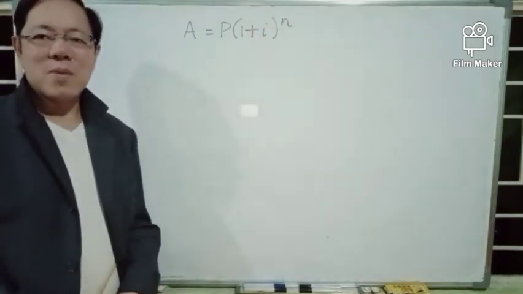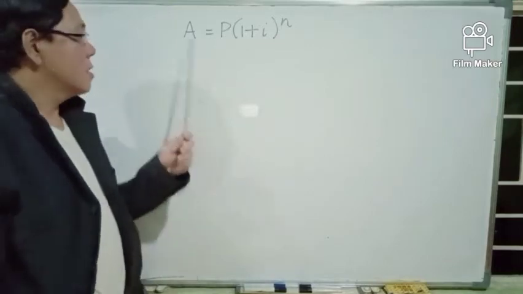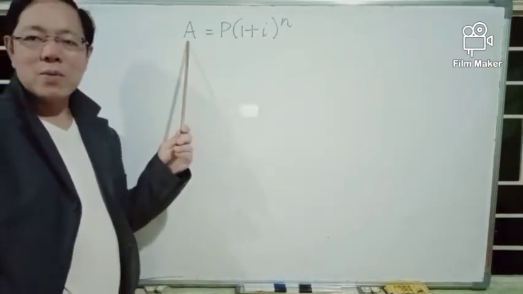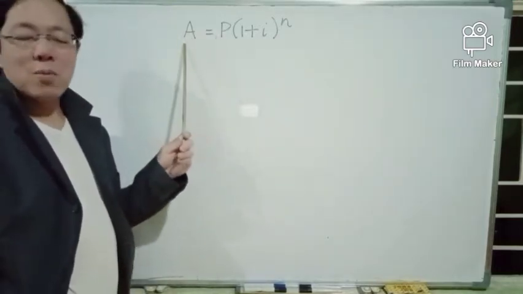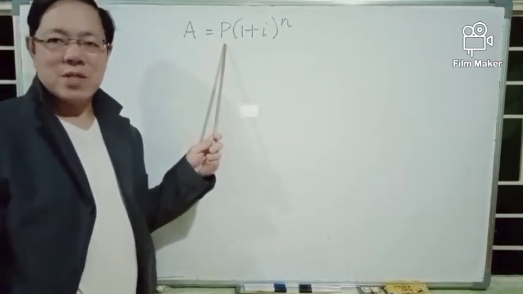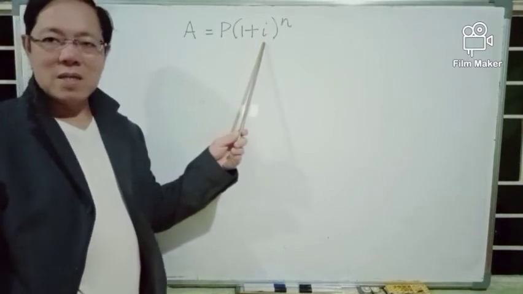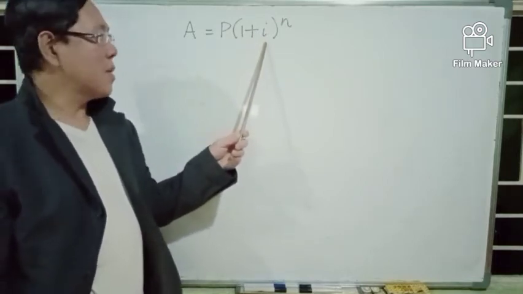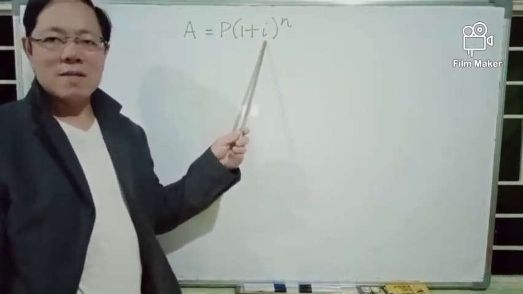This is the formula we use to compute the accumulated value of the principal, or accumulated amount of the principal, at the end of the investment period at compound interest rate denoted by I.